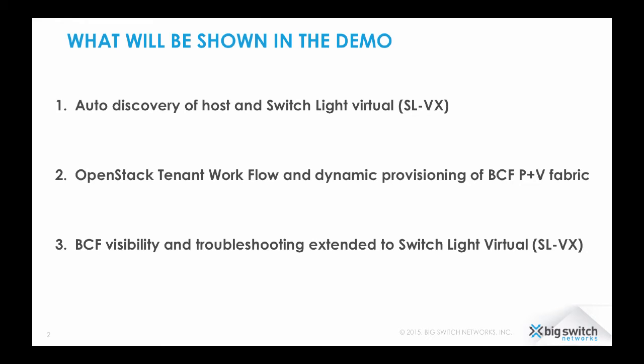Secondly, I will show OpenStack tenant workflow for application deployment to show how dynamically BCF P+V fabric gets provisioned for both layer 2 and layer 3 networking as and when OpenStack tenant creates network configuration on Horizon dashboard. Finally, I'll demonstrate how BCF extends the test path and fabric analytics to switch light virtual, which enhances the visibility and troubleshooting in the BCF P+V fabric.